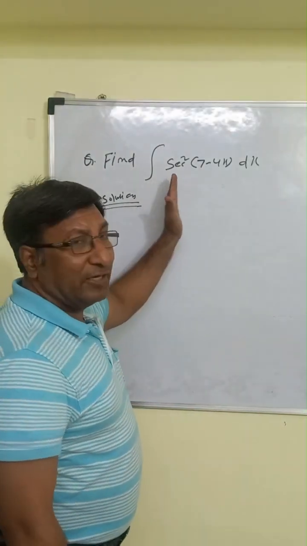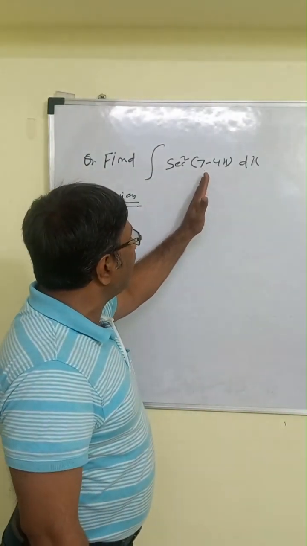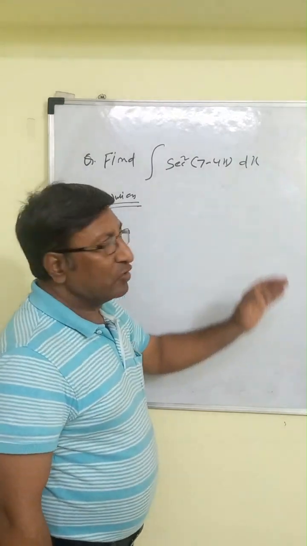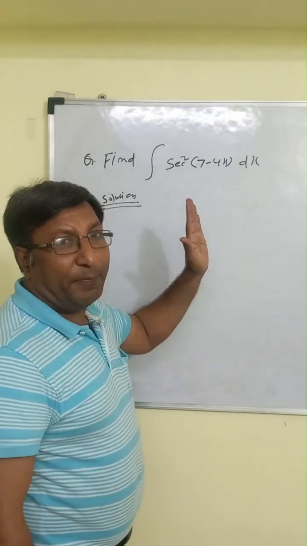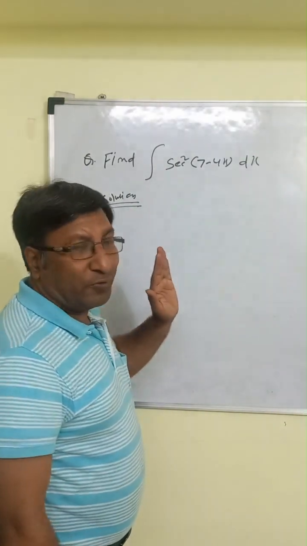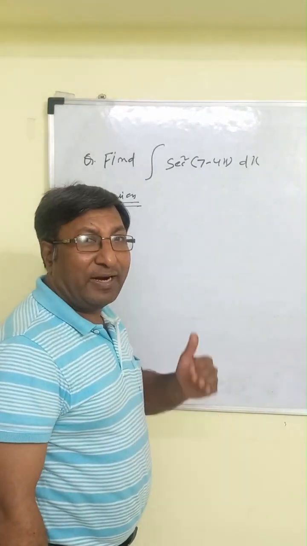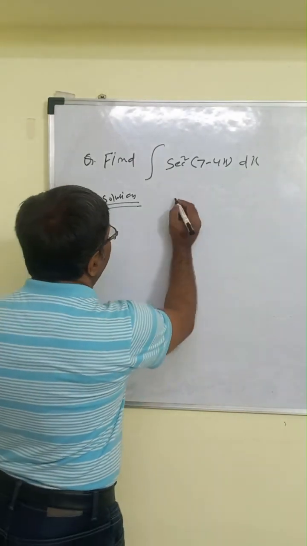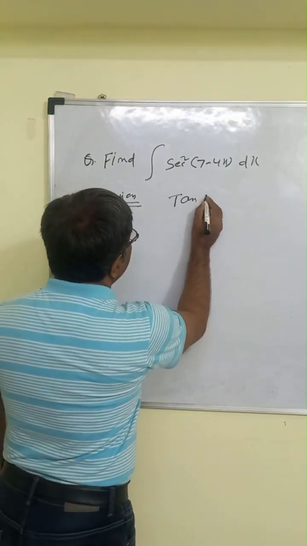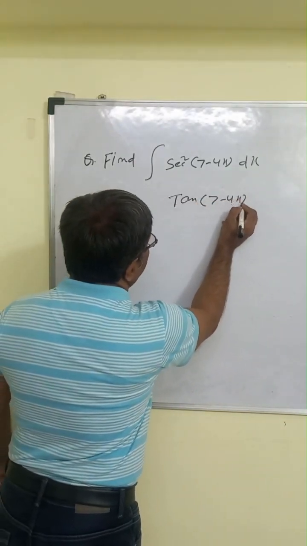Let us see the question. Find the integration of sec square of 7 minus 4x dx. So the very simple technique and basic rule for this type of question is: you know the integration of sec square x is tan x. So this will be tan of 7 minus 4x.